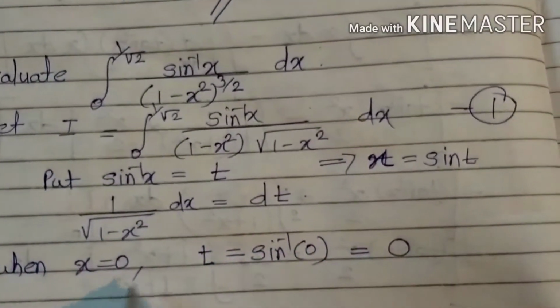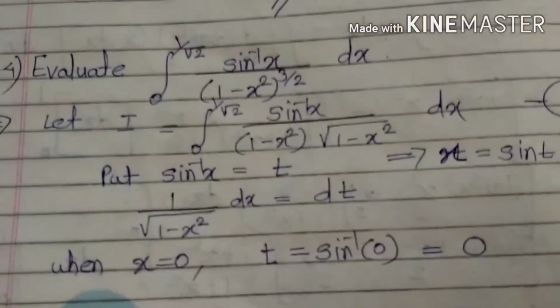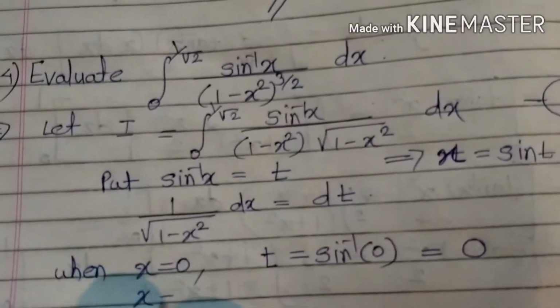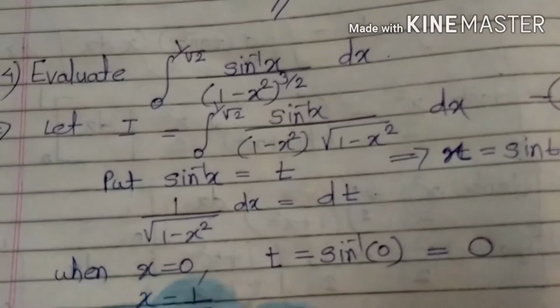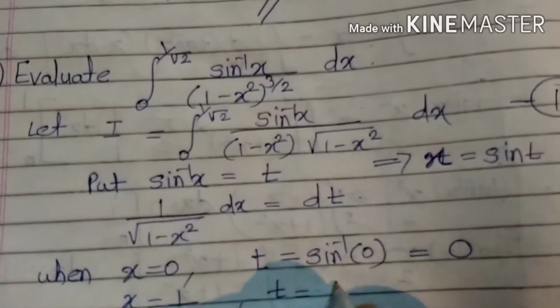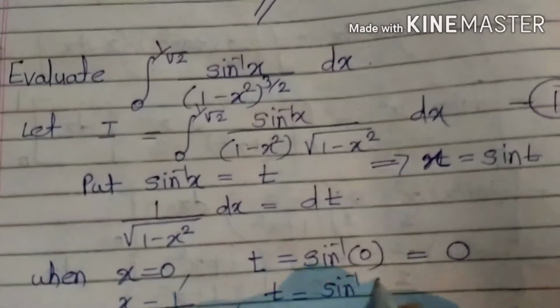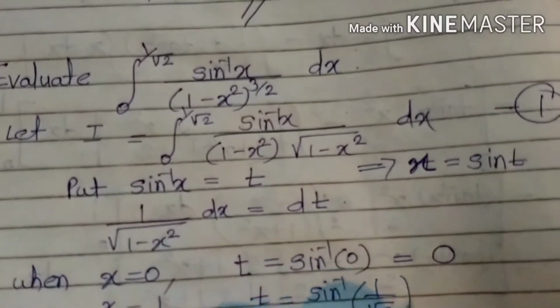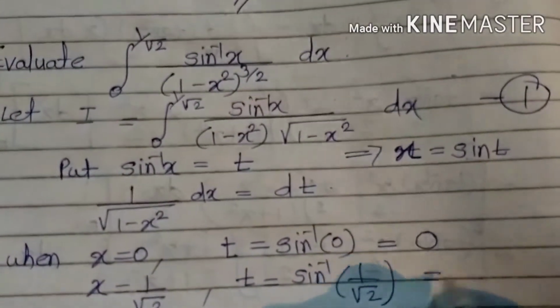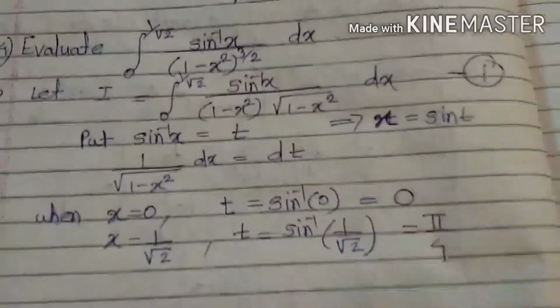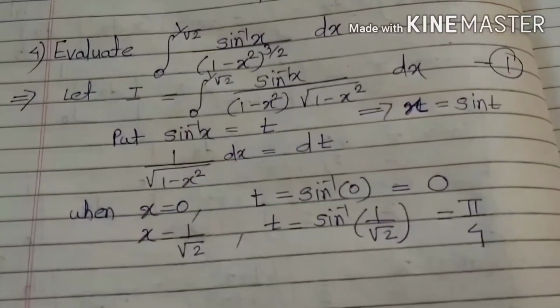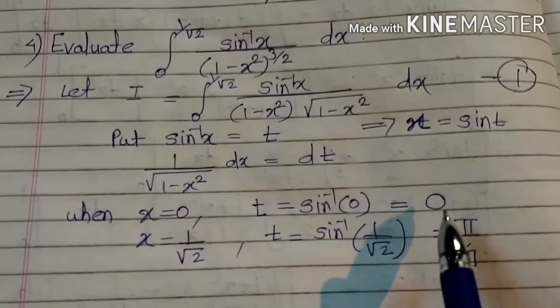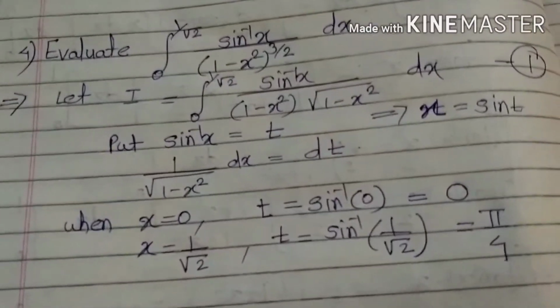So when x equal to 0, t is equal to 0. Now when x is equal to 1 upon root 2, then t is equal to sin inverse 1 upon root 2, and this is the value of pi by 4. Okay, so our new limits are 0 to pi by 4.